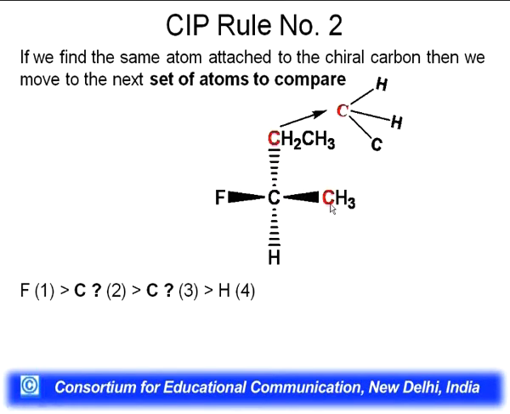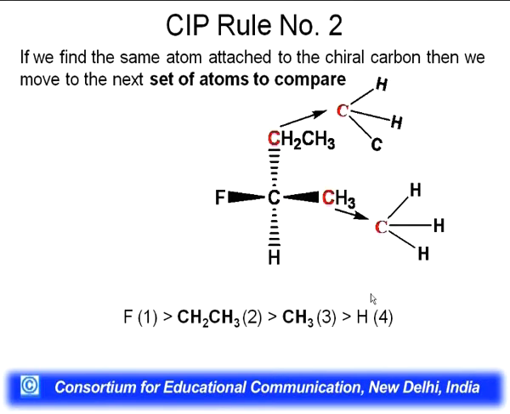Again, I have to compare this set with this one. So, I move on to the next step and I see that this methyl carbon has only hydrogen, hydrogen and hydrogen. So, we give the priority on the basis of these. You cancel out one by one.